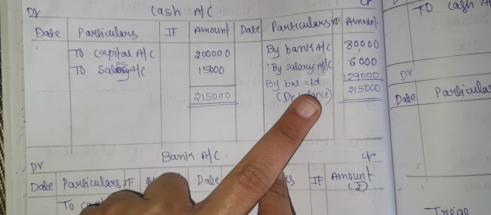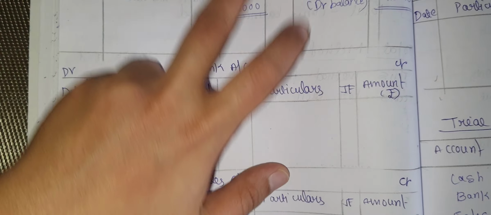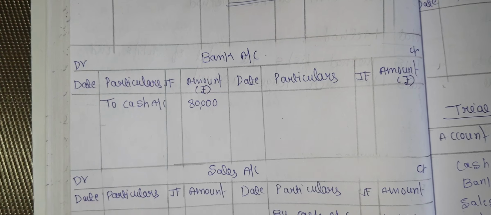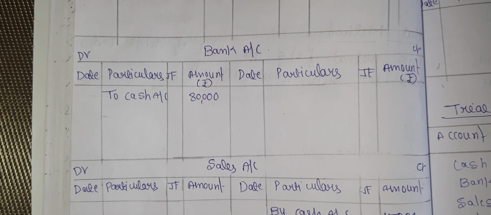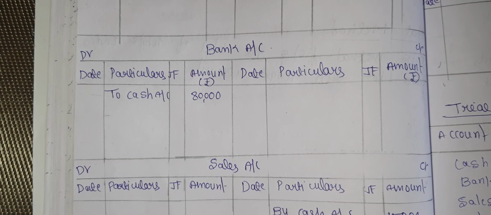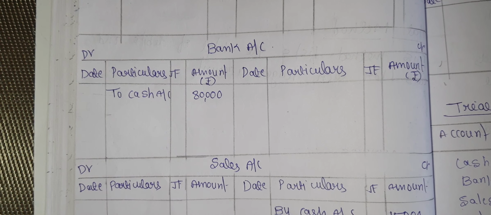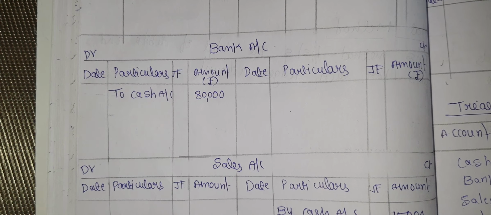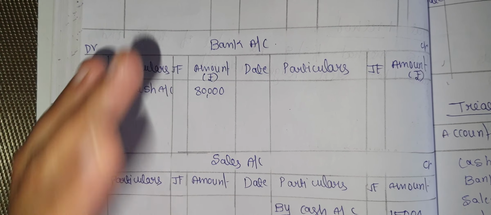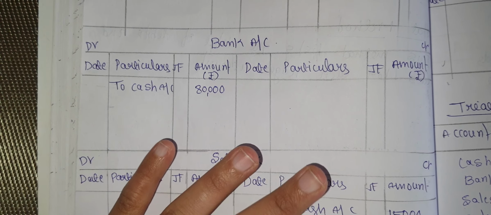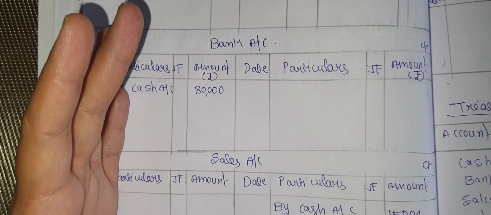So this is about the cash account. Now we have to close the bank account. See here, bank is also an asset. Why? It is an asset for individuals and businesses, because it represents funds owned by them and available for use.